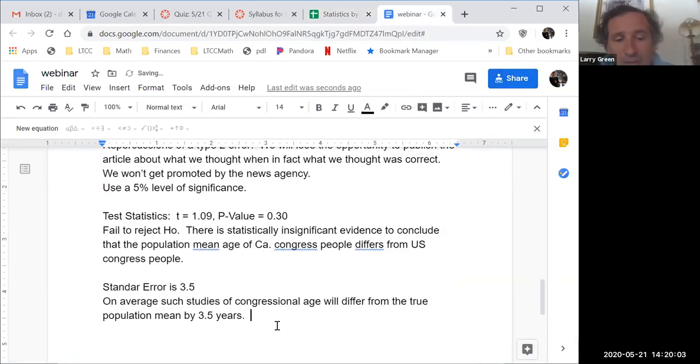Here's another question. Based on this, should we do a new study with a larger sample size? What do you think? And the key is, look at that p-value.